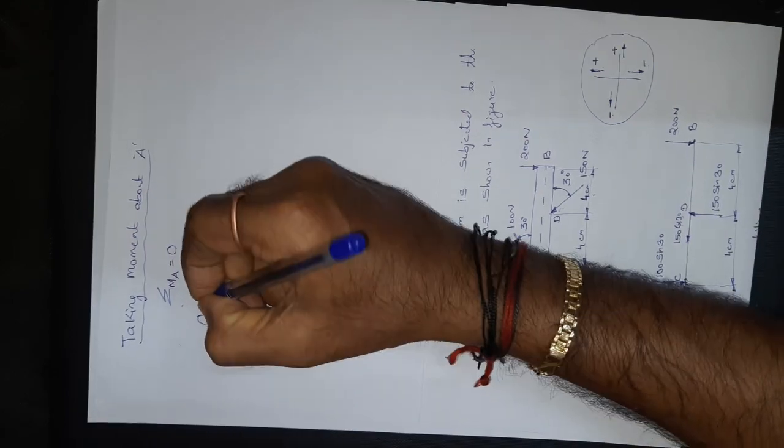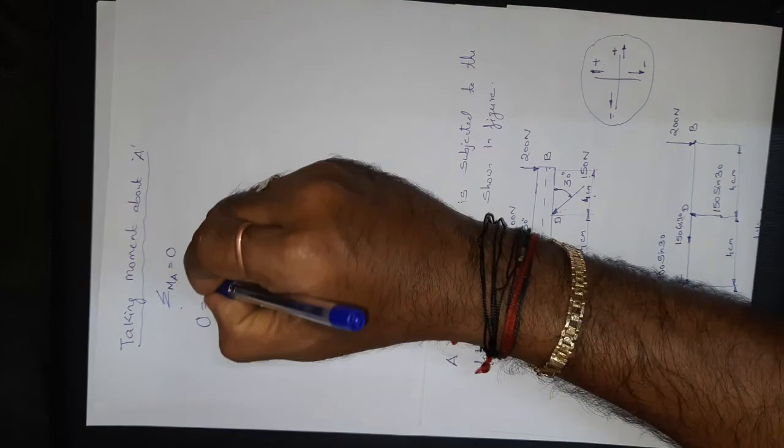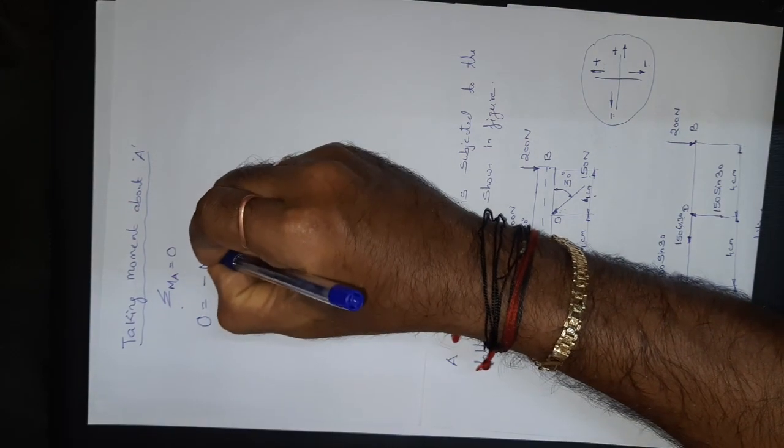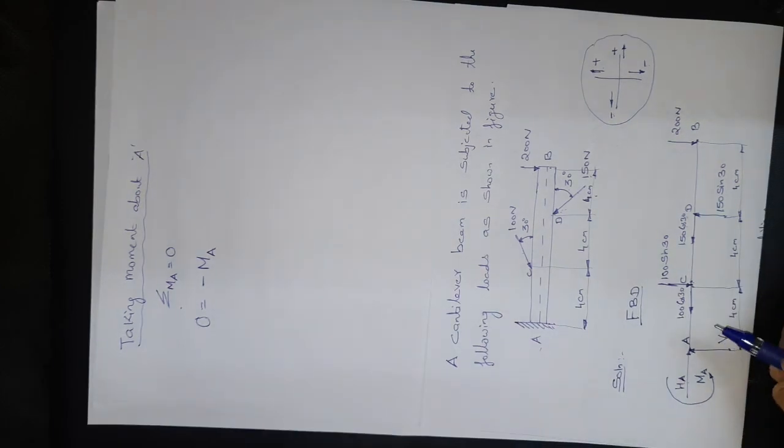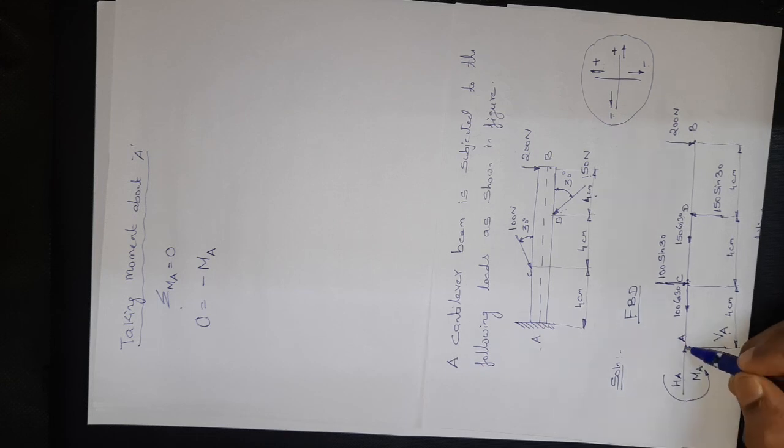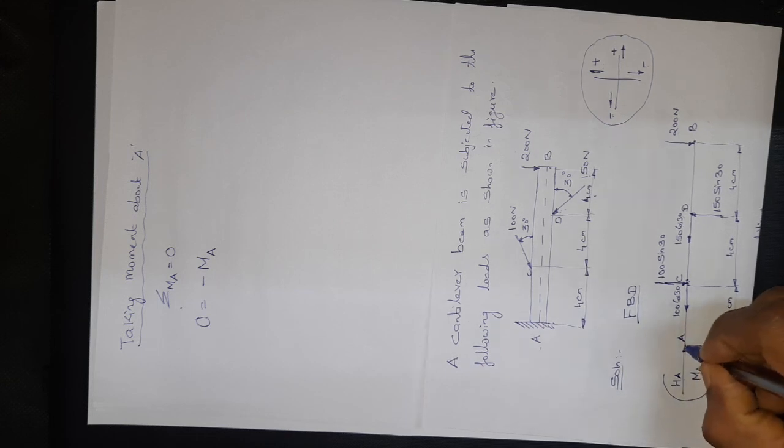So 0 equal to, let me just consider here at point A, the moment which is acting in the anti-clockwise direction. So minus MA, and two more forces are acting at point A, but at origin there is no perpendicular distance. So there is no distance, therefore this HA and VA becomes 0.